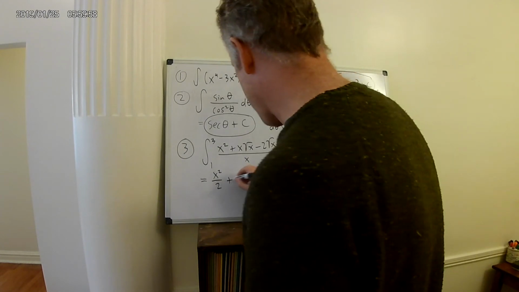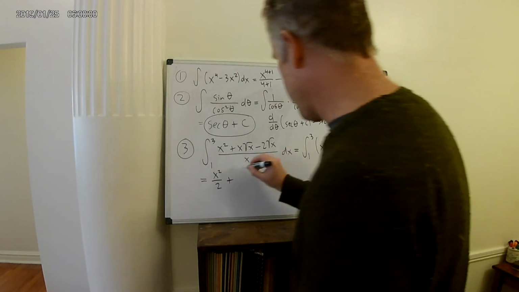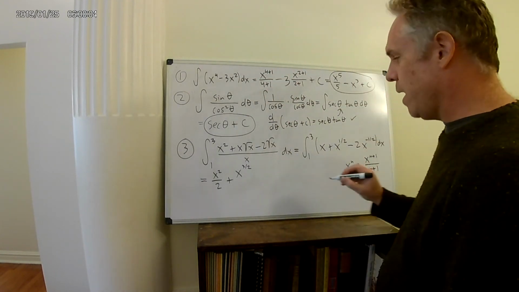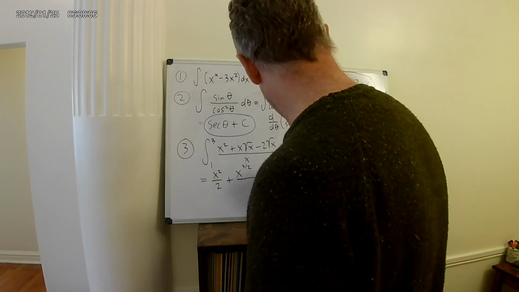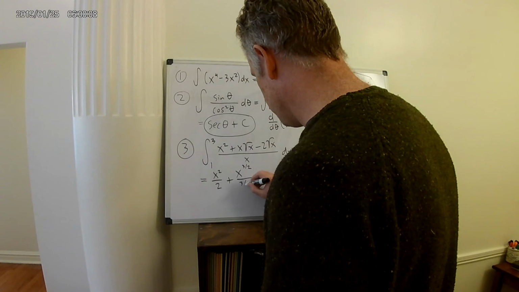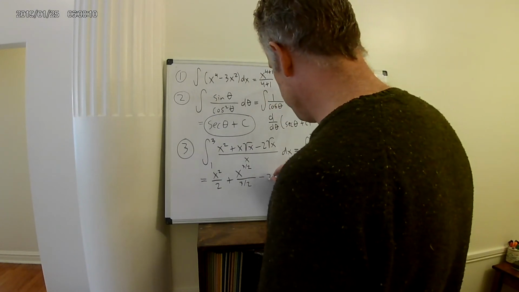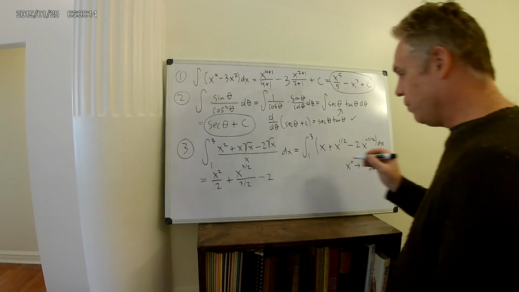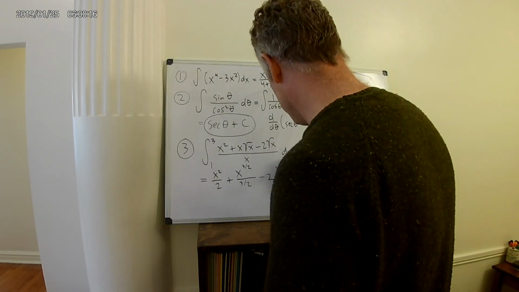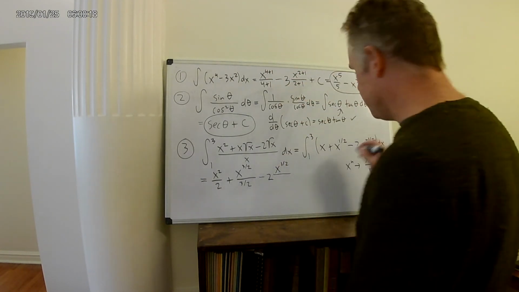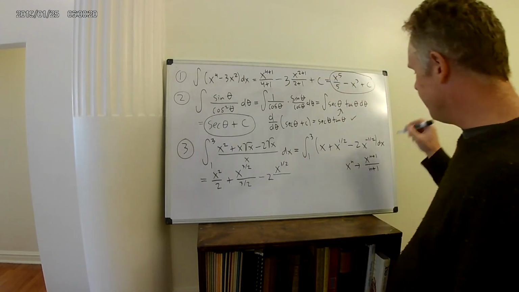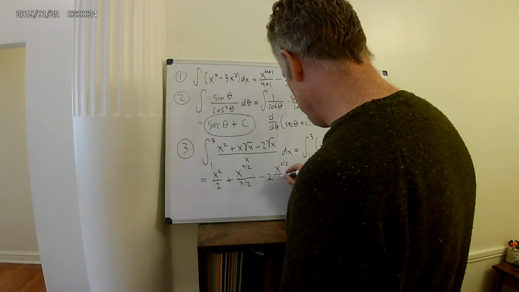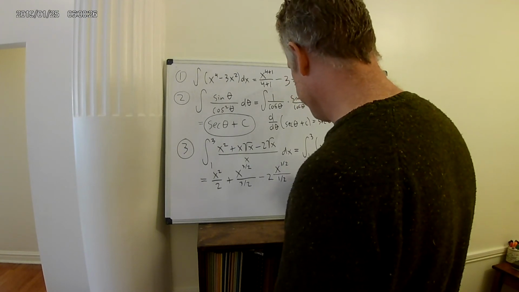For x to the 1/2, we add 1 to 1/2, so we get x to the 3/2 over 1 plus 1/2, which is 3/2, minus 2, and now we have x to the minus 1/2. We add 1 to minus 1/2, which gives us x to the 1/2. And then downstairs we have minus 1/2 plus 1, so that gives us 1/2, okay?